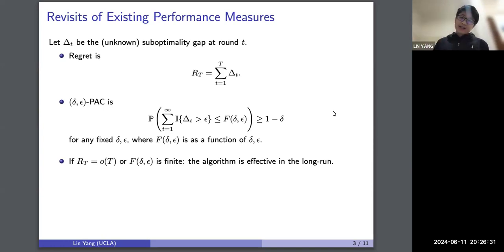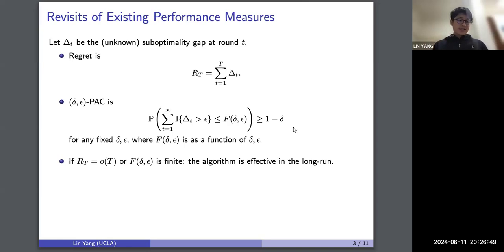There is a slightly different modification of this regret bound, another measure called PAC bounds. PAC bounds depend on two parameters: delta, which is the failure probability, and epsilon, which is the suboptimality.